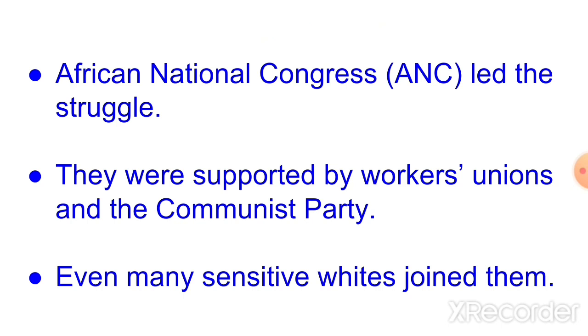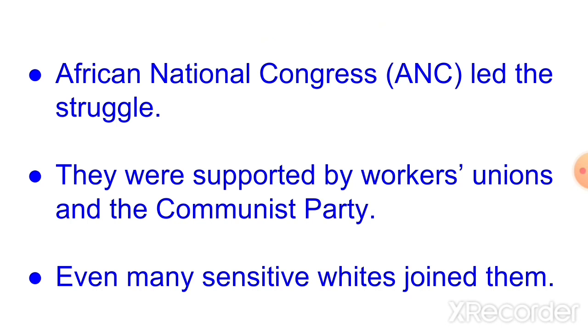This organization, children, included many people. Many worker unions were included in this organization, and the Communist Party was also included.